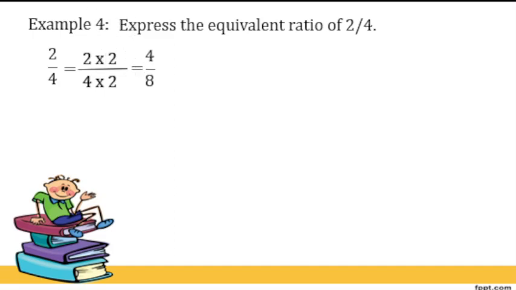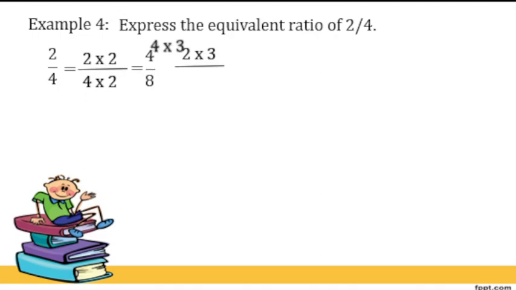Now, if you cross multiply the two ratios, they are equal. You have 8 times 2 is 16 and 4 times 4 is 16. So they are equivalent. Another one: you multiply by 3 and multiply also the denominator by 3.